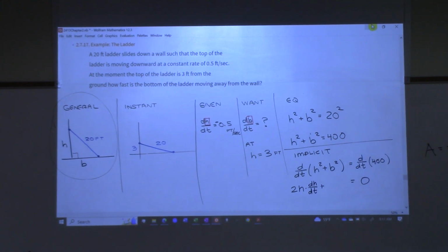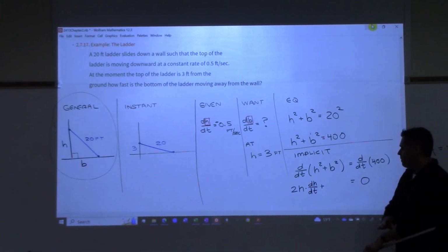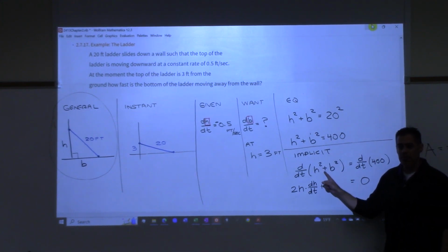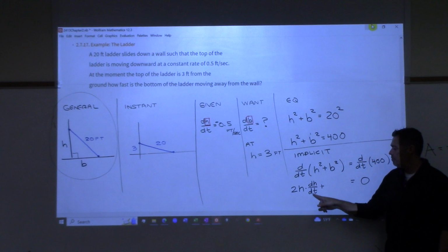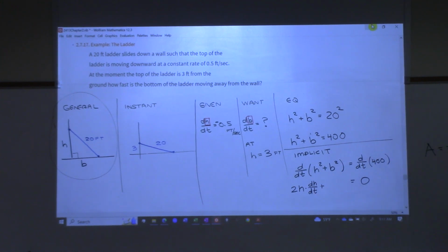Okay, I think it's gone. Right? Any questions here? Power rule first, then the derivative of what's in here with respect to time, which is dH dt.